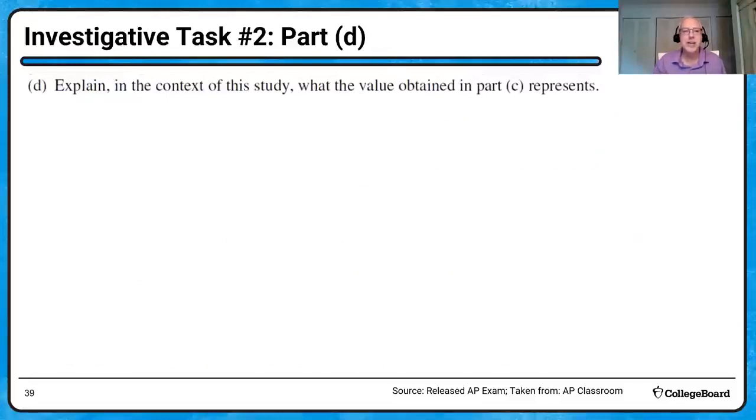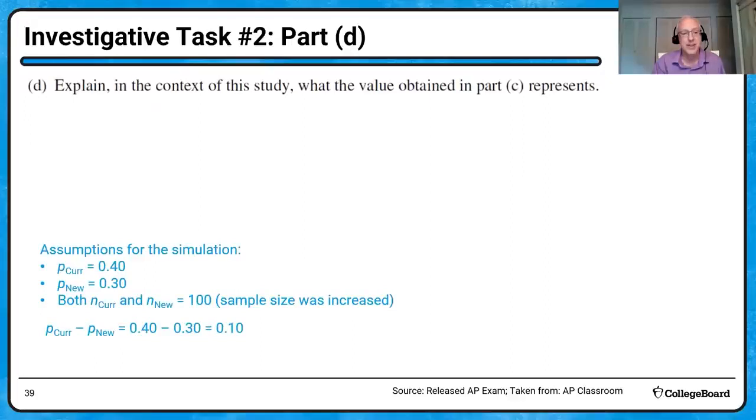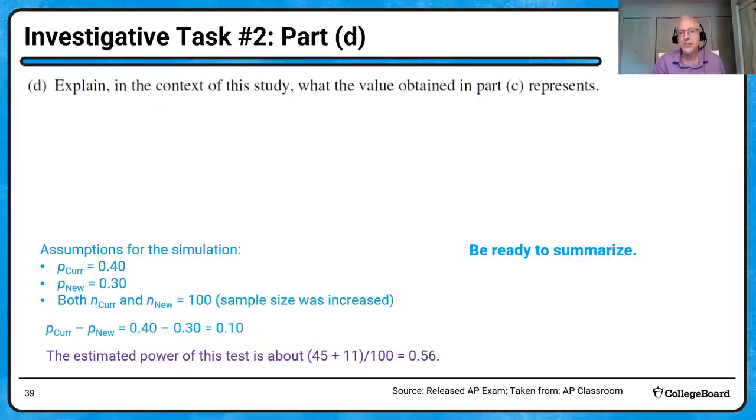Part D says, explain in the context of this study what the value obtained in Part C represents. So we need that value from Part C. Remember those assumptions? I'll just keep putting them here so we can discuss those. And the estimated power we got was 0.56. But if you had to make up an answer, you would just use your value. So with all this information, we're ready to summarize.